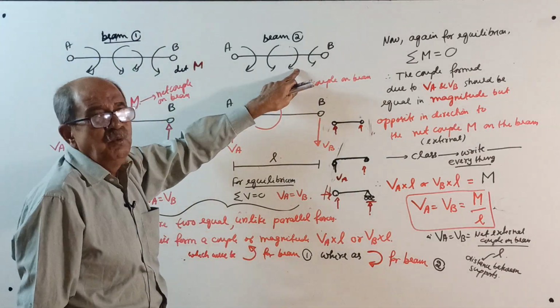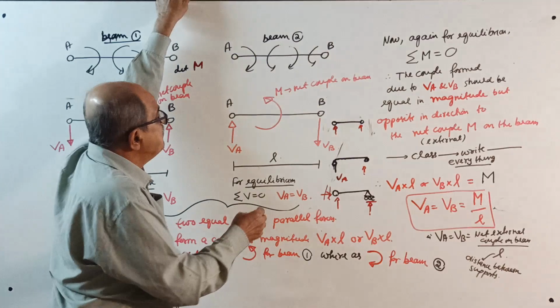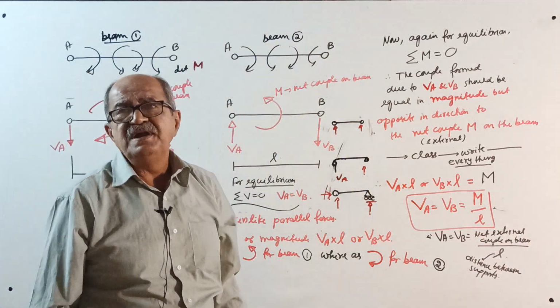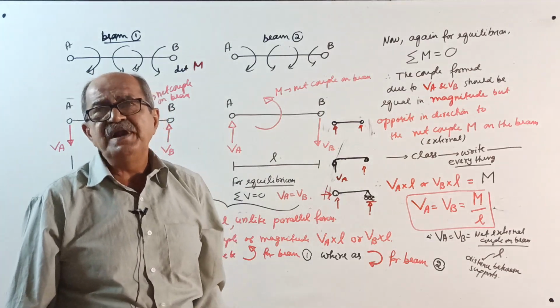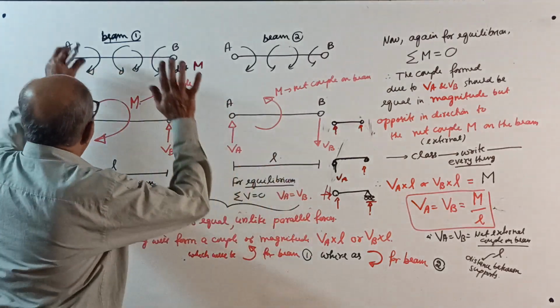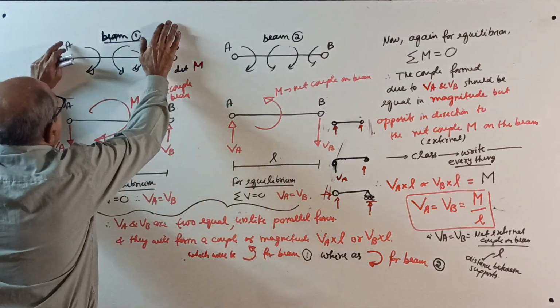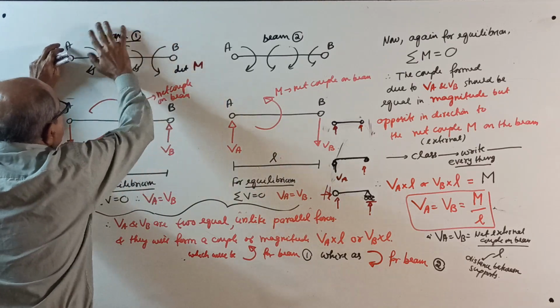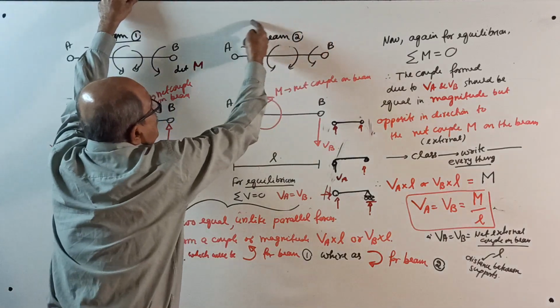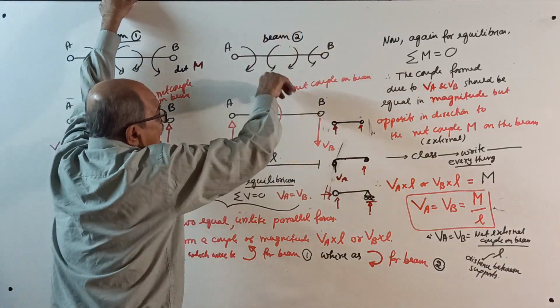For beam 2, let that net couple be anti-clockwise. Show it wherever you want, because distance does not matter when you find reaction. So for beam 1, all this action is replaced by a single clockwise couple. For beam 2, it is replaced by a single anti-clockwise couple.